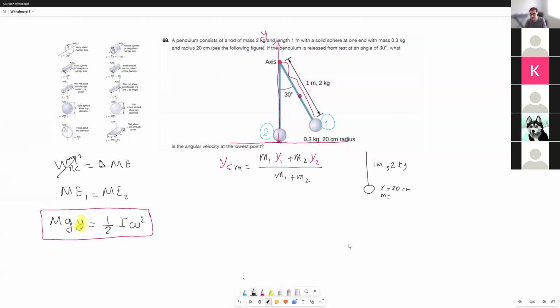Y center of mass is going to be m1 y1 plus m2 y2 divided by m1 plus m2. Let's consider the y-axis.